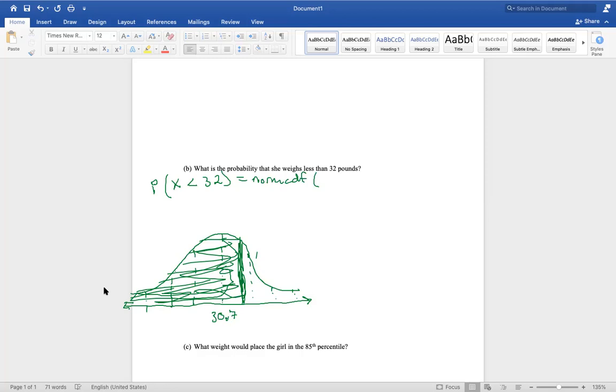So obviously the weight is never going to be below 0 pounds, but we'll just put in like negative 1,000 just to really encapsulate everything less than 32. Our upper limit this time is 32. The mean and the standard deviation haven't changed. We still have a mean of 30.7 and a standard deviation of 3.6.